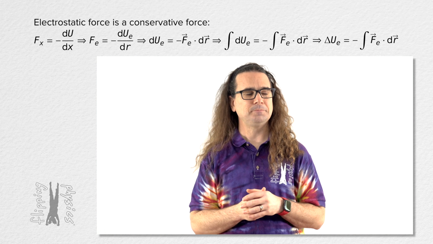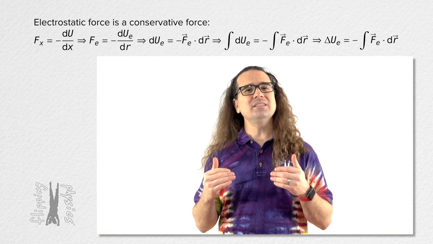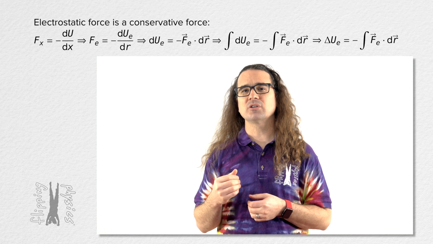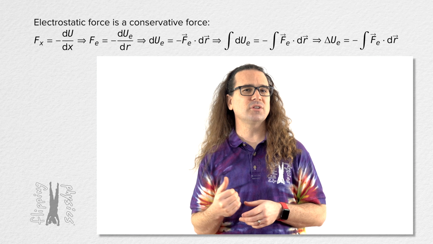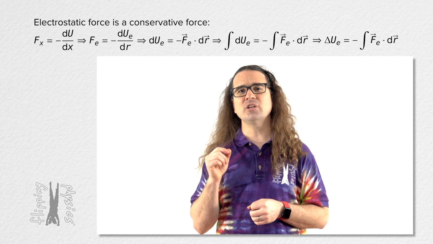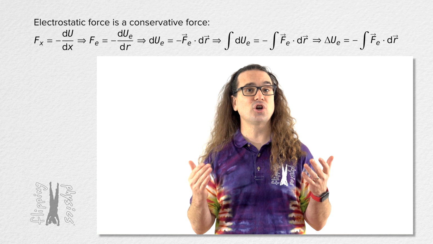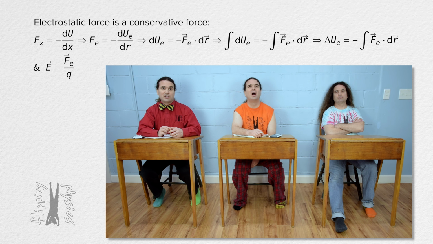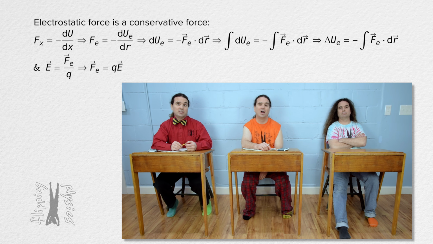displacement dr. Billy, please give us the equation which relates the electric field to the electrostatic force and use that to further determine the equation for change in electric potential energy of a charge. The electric field equals the electric force divided by charge. That means the electric force equals the charge times the electric field.